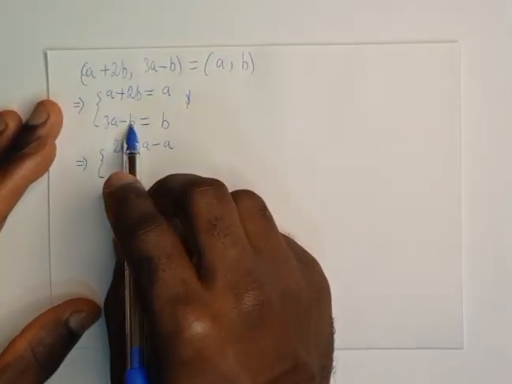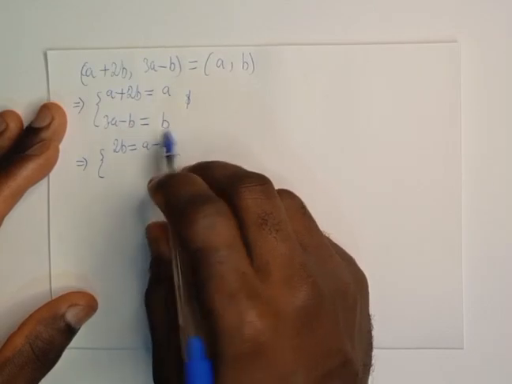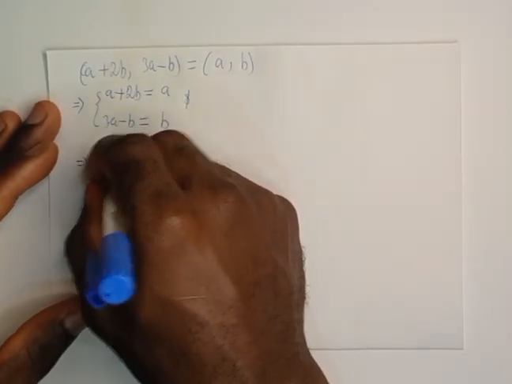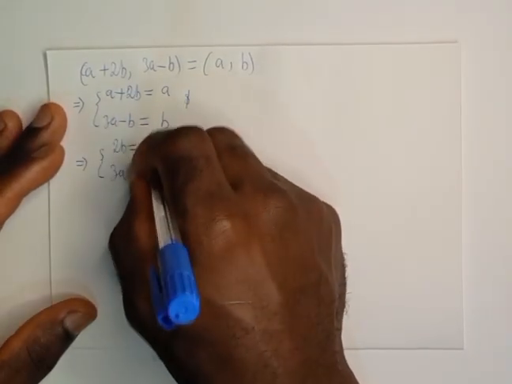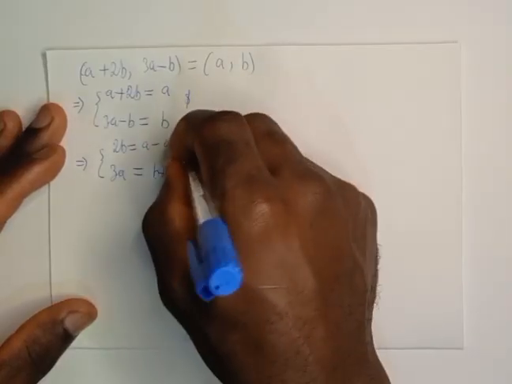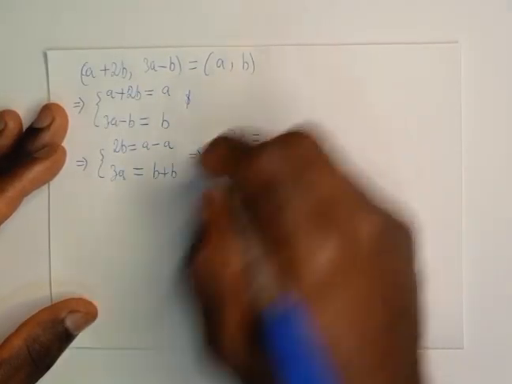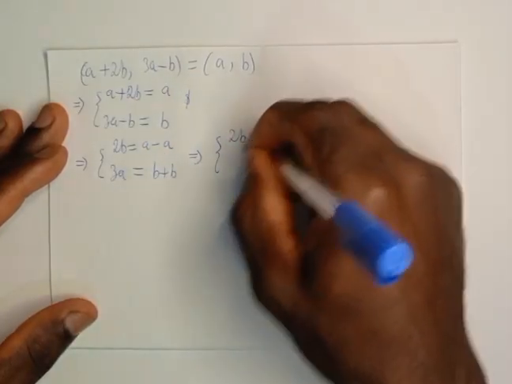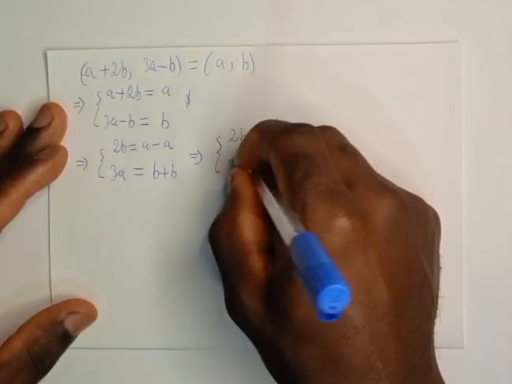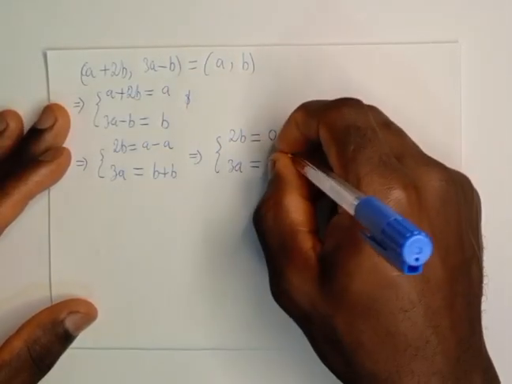Transferring b to the right hand side becomes positive, this gives 3a equal to b + b. Then 2b will be equal to 0, and 3a will be equal to 2b.